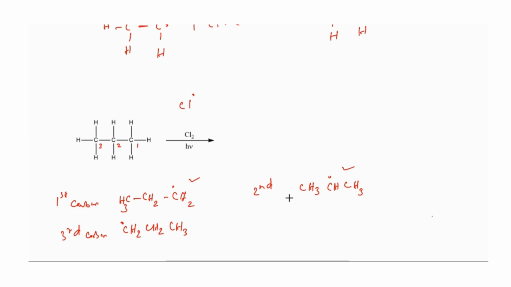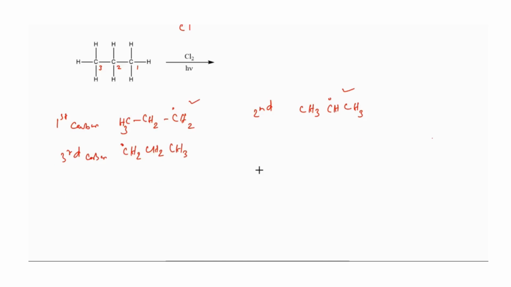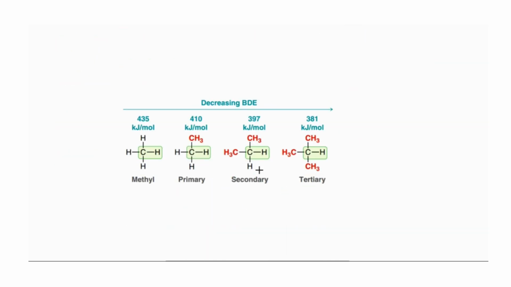Among these, which one will be the major one? That can be concluded by the bond dissociation energy. Please see here. This is the methane, this is ethane, this is propane, and this is a tertiary one. Listen carefully. Now, this is the methyl hydrogen.